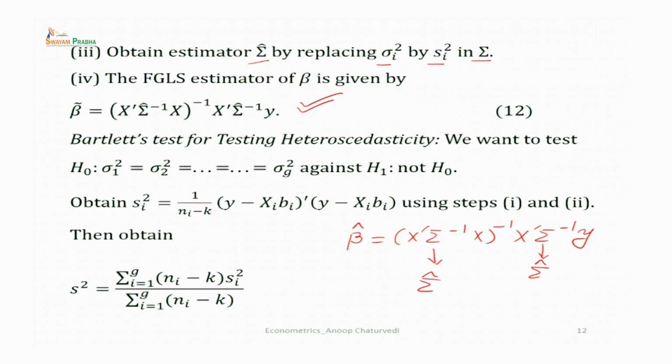Then to apply the Bartlett test, we obtain si square equal to 1 upon ni minus k, y minus xi bi transpose y minus xi bi. For obtaining this estimator, we use the steps 1 and 2, and then we obtain S square equal to summation i equal to 1 to g, ni minus k si square, divided by summation i equal to 1 to g, ni minus k. So, we calculate this S square.